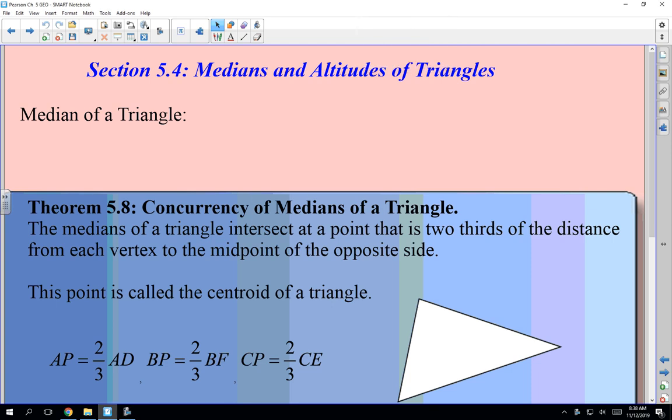Okay. So medians and altitudes of triangles, we're going to find that they can intersect at a point as well. It has an application just like the bisectors.